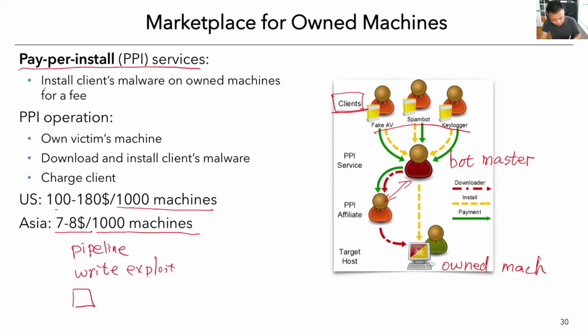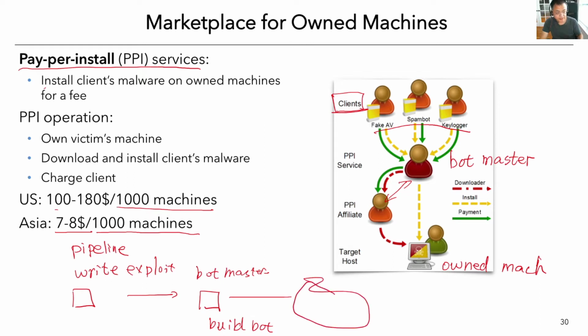Those people will sell their exploits to the bot masters. The bot masters use those exploits, compromise machines, and build a botnet. So now they have this huge botnet.